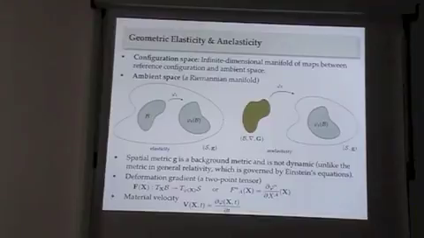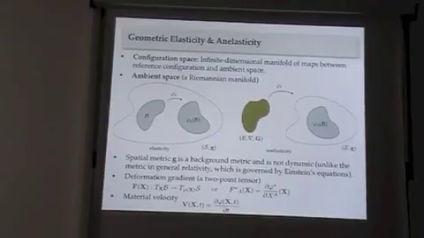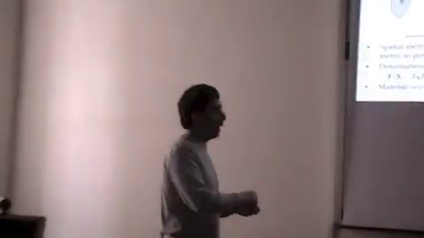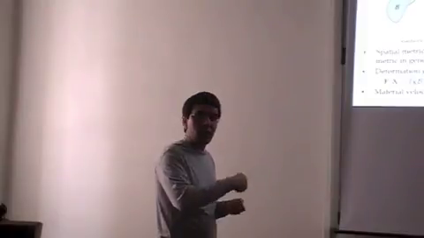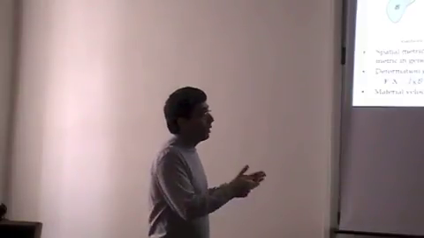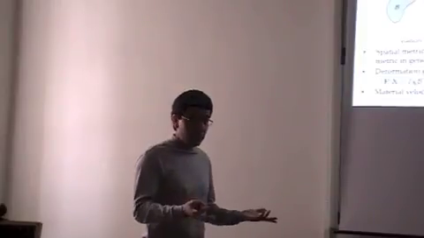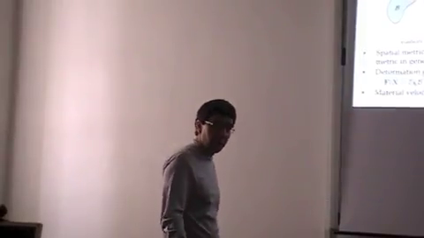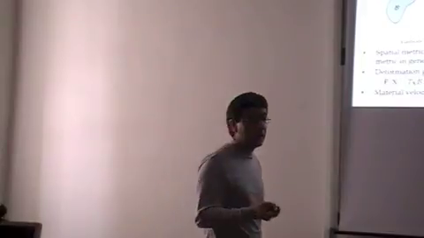If I can find this manifold, then my problem is transformed to a classical nonlinear elasticity problem. I can intrinsically define a map from a three-manifold to another three-manifold, and if I can construct this manifold, then I'm dealing with a classical nonlinear elasticity problem. And that's how I'm going to solve the inclusion problem.